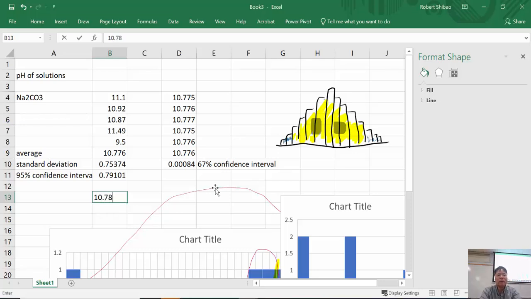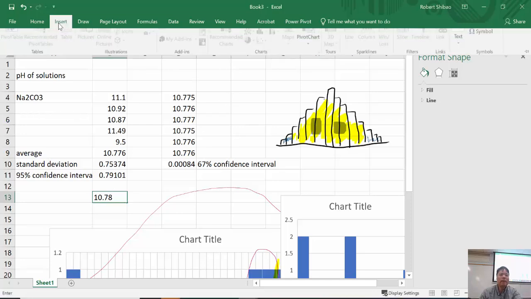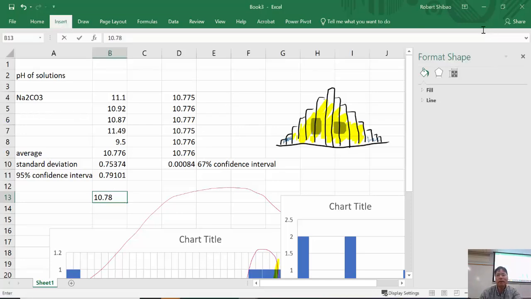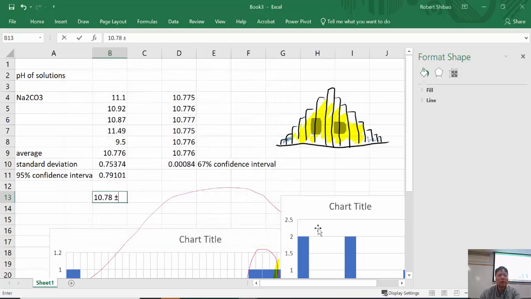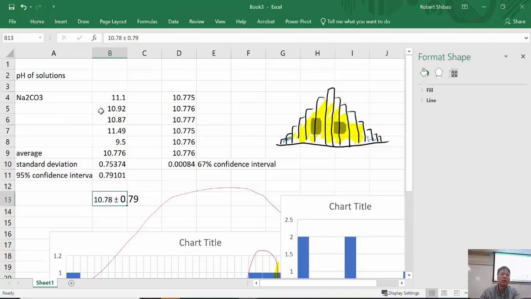Then we insert the plus minus symbol here, and we're going to put in our confidence interval, 0.79 in this case. So 10.78 plus or minus 0.79 will be our pH reading here based on this. And let me format this.